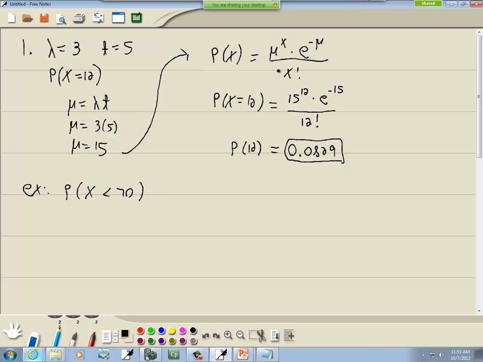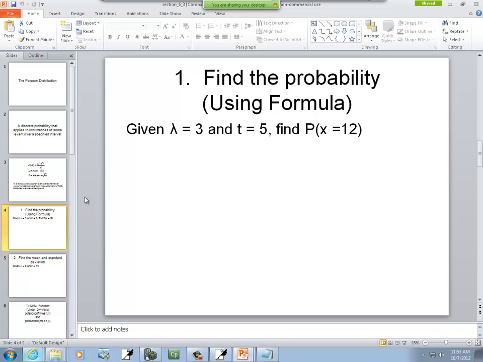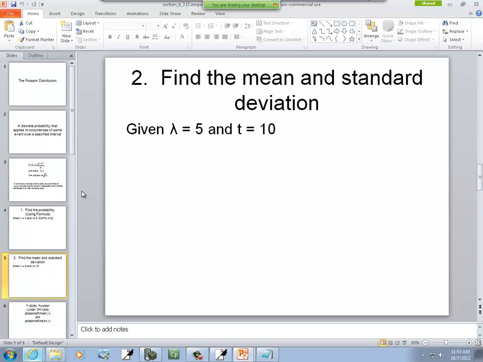So we'd have to do it 70 times to get our probability. So it's not good to do that by hand. We're going to look at technology. But first, let's talk about finding the mean and standard deviation.